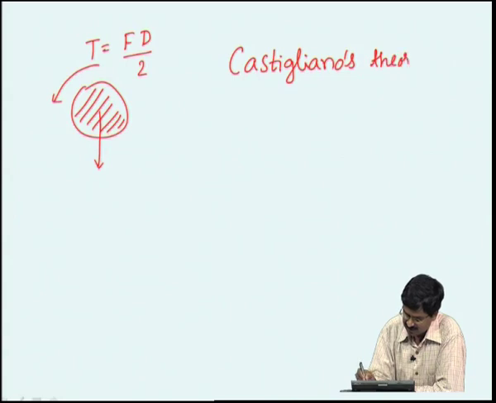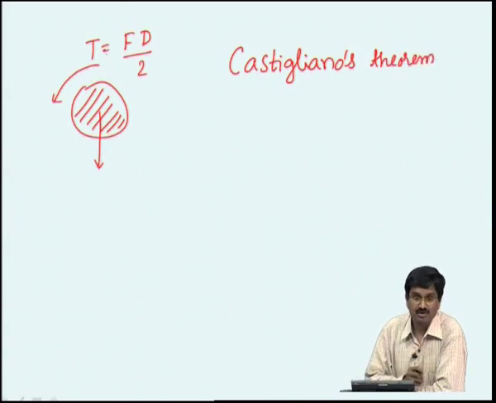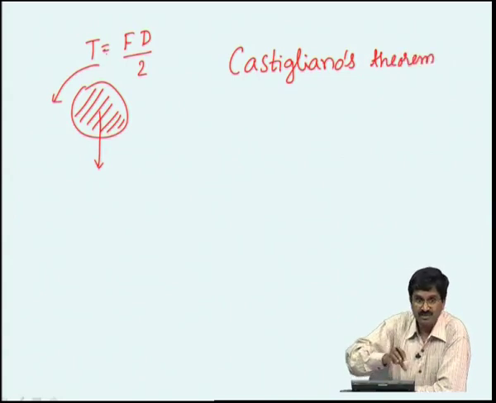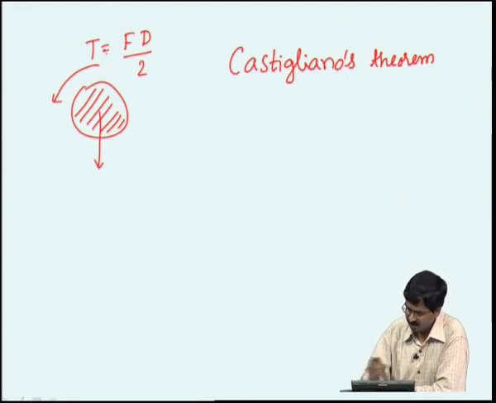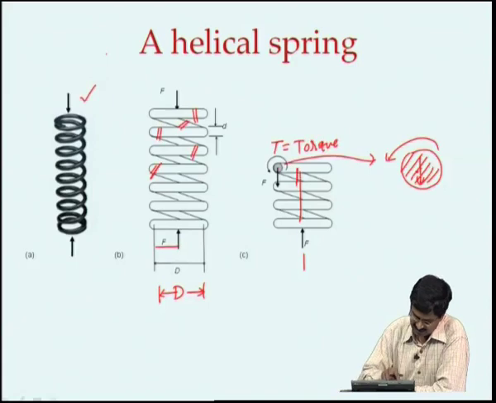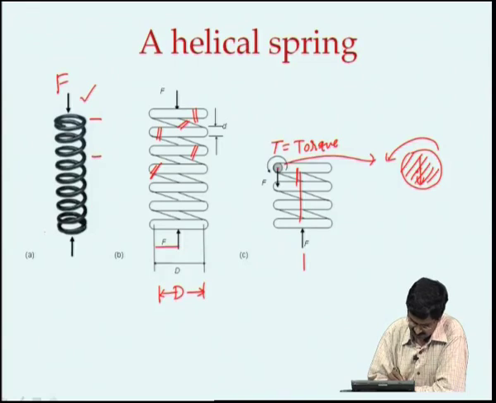Castigliano's theorem says that due to this torque, if I want to know what the twist is, we have derived the formula just now. But if I look at this entire spring for a particular force that is applied on this, and I want to know how much it is going to compress, let us say I keep this end fixed, apply a force, and this will move down here.